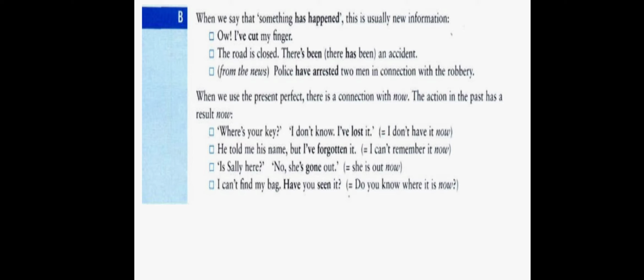You can see the effect of those actions. For example, the road is closed. Why is the road closed? There has been an accident. We didn't say there was an accident, because the road is still closed. The effect is there.